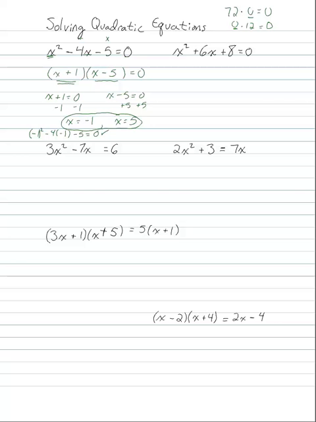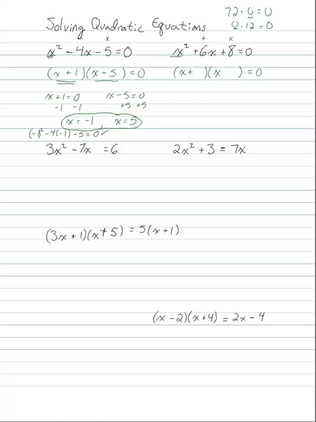Okay, let's look at the next one. x squared plus 6x plus 8 equals 0. Again, I have a quadratic, and I have it equal to 0. Whenever I see I have a quadratic, this is the way I want to solve it. I want to solve it by factoring and letting each of my factors equal 0. So let's see. It's just an x squared, so I'll have x and x. Find things that multiply to 8, add to 6.